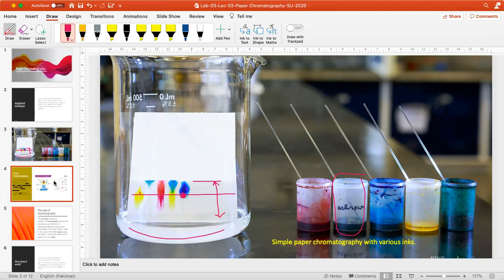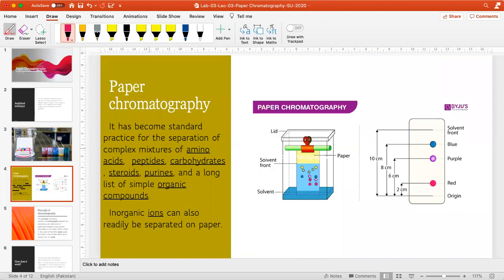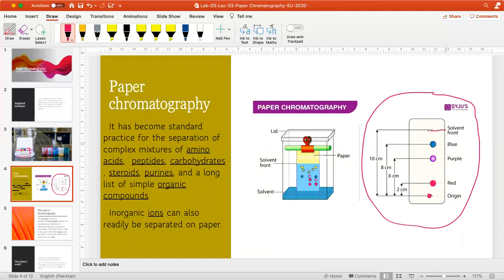Next we go to the slide, and this is the paper chromatographic apparatus. And these are the calculations for the blue ink and everything. For example, if I explain this to you, you can see that this is the origin of the sample, and this is the end of the solvent.